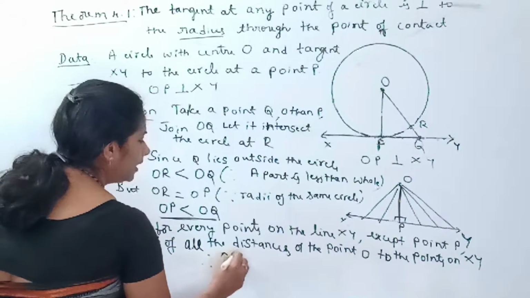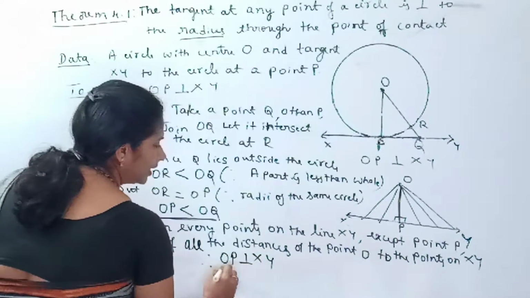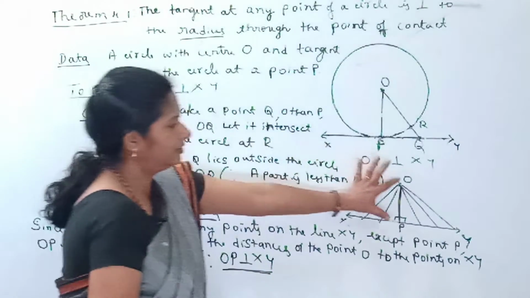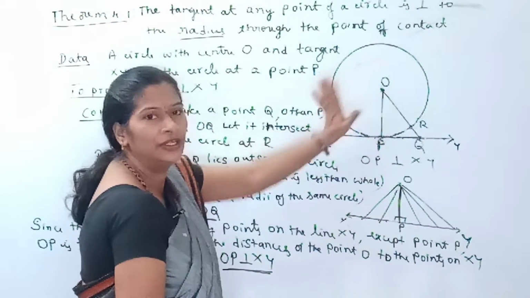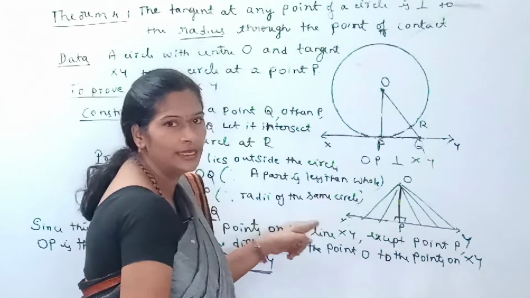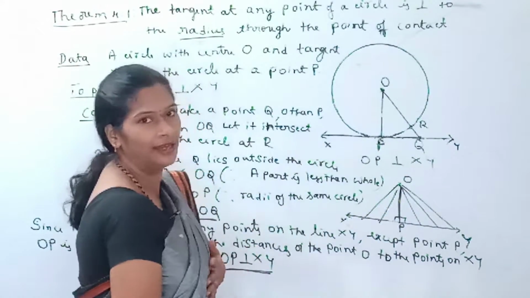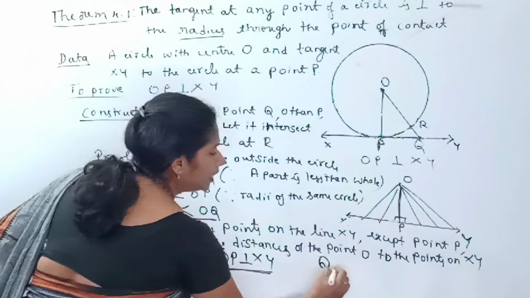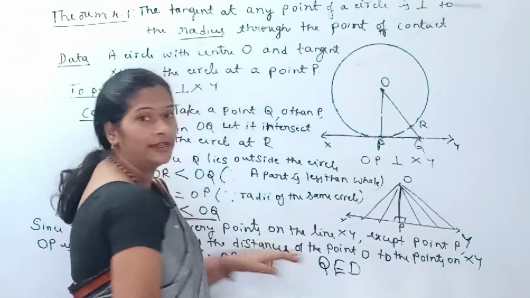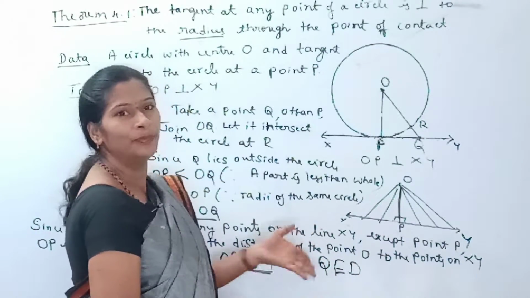Therefore, OP is perpendicular to XY. OP is the shortest distance, and we know that the shortest distance is always perpendicular to the line. Lastly you write QED, quod erat demonstrandum, meaning hence the proof.